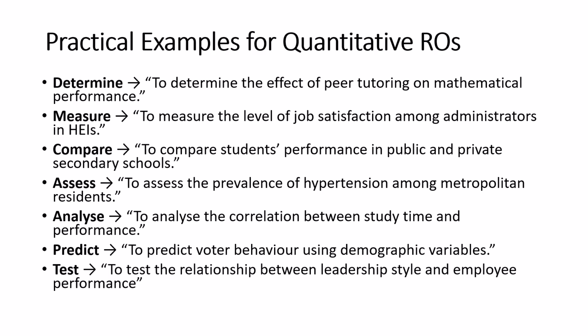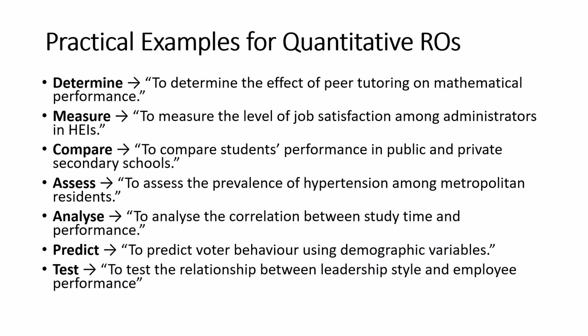If you analyze, it is to analyze the correlation between study time and performance, to assess the prevalence of hypertension among metropolitan residents. You see, we are looking at the rate of hypertension frequencies among people living in the urban centers.